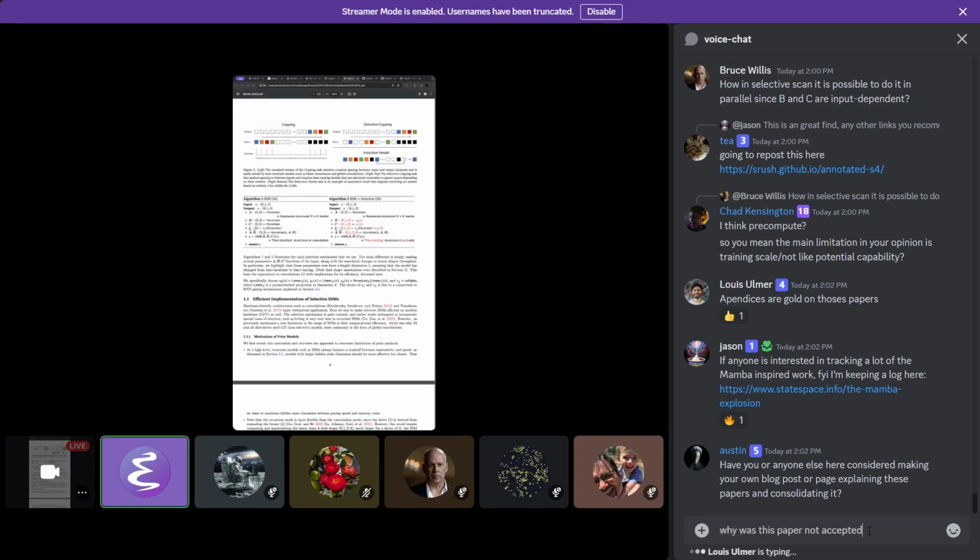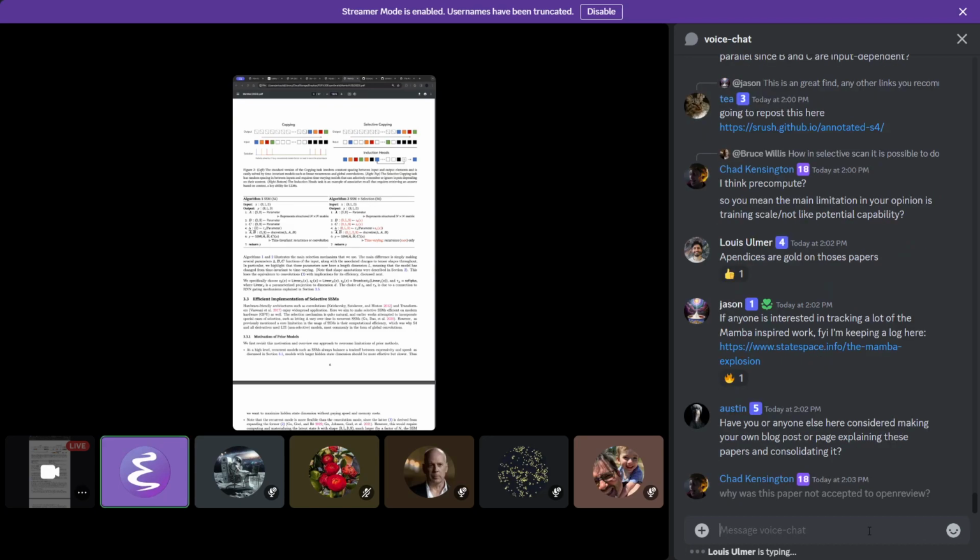So if you look at the annotated S4, you should be aware that that does not include Mamba. So the innovation of Mamba is to be not time invariant, right? So that's these red things in the table here. It's time varying.